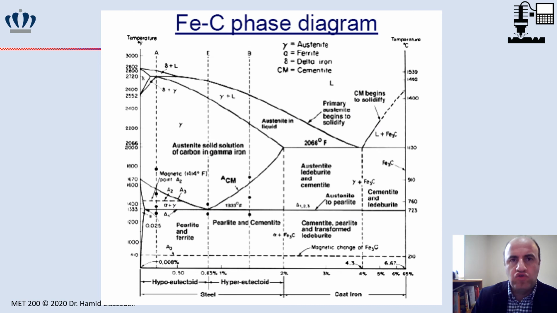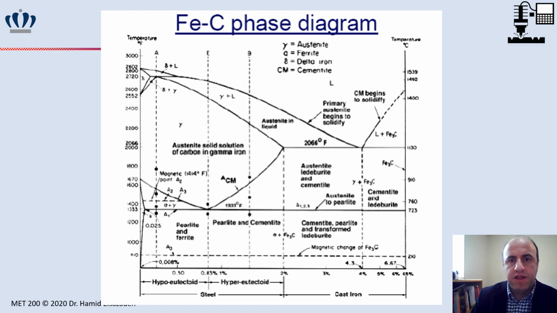This is the actual Fe-C, or iron carbon, phase diagram. As you see, again, this is much more complicated than the phase diagram I described. So I don't want you to memorize all these lines.